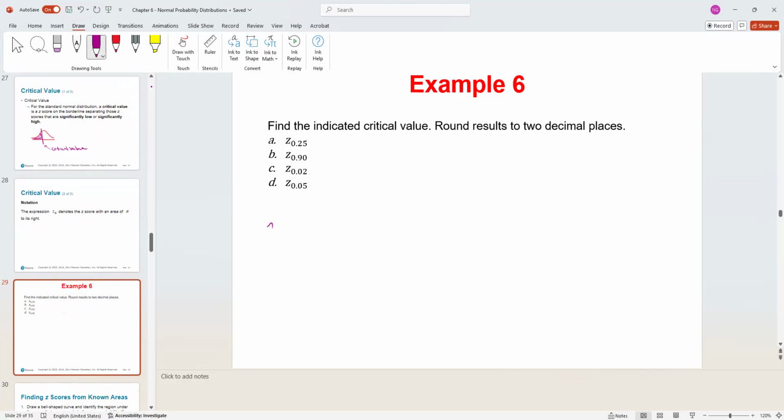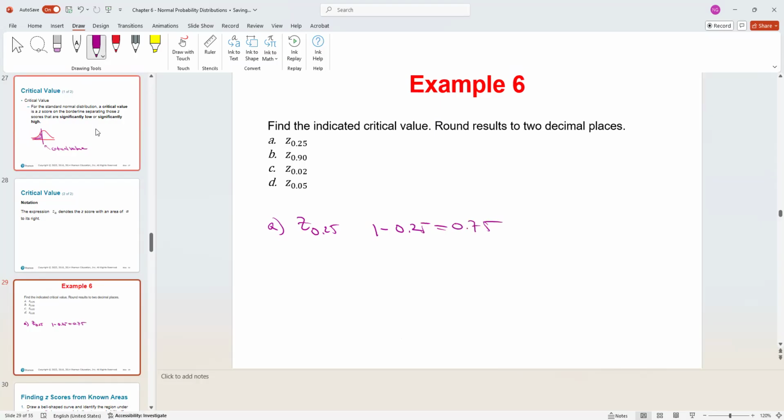For example, when we do z of 0.25, we need to do 1 minus 0.25, so that gives us 0.75.